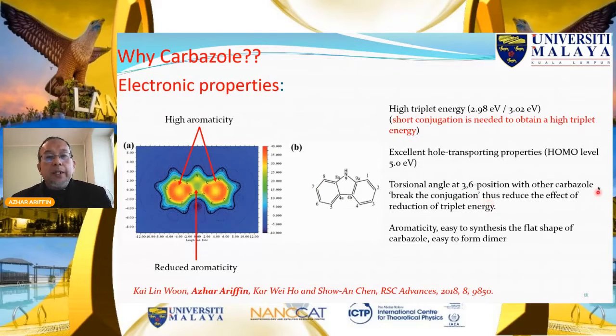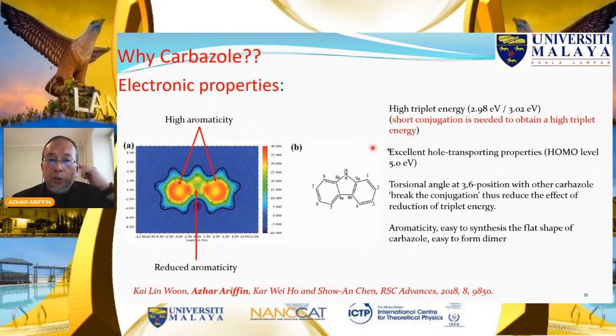So why do we choose carbazole as the substrate in our study? One reason is that carbazole has high triplet energy. To make a good OLED material, the material should have high triplet energy. How do we get high triplet energy? The molecule should have short conjugation.